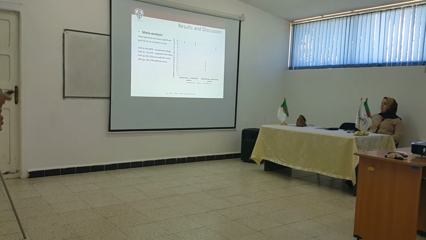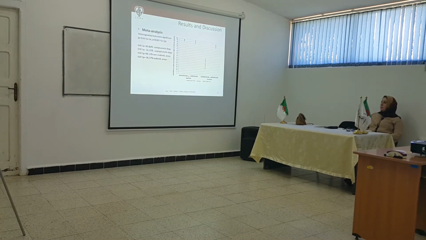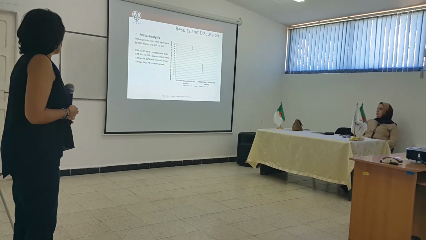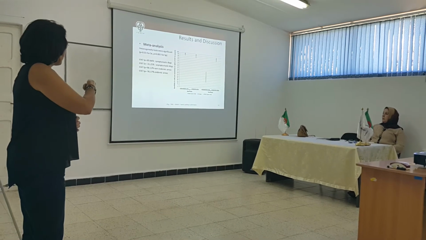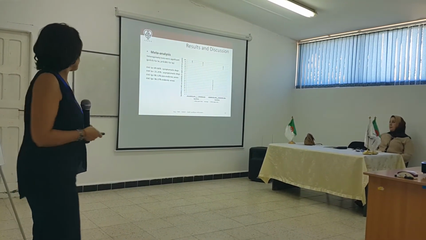You see the difference. For the specificity, it's 98% for non-endemic areas and 96% in endemic areas. With the asymptomatic dogs, we have a large confidence interval.